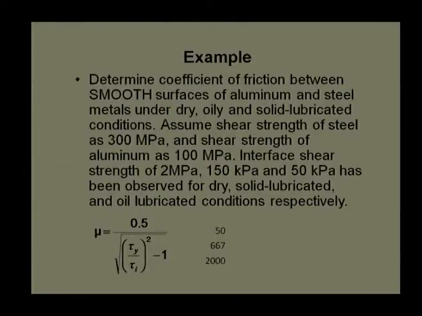Not very much different in this case, while for the oil lubricated case it turns out to be 2000. Using these ratio values, we find the coefficient of friction turns out to be 0.01 for the dry case, 0.0075 for the solid lubricated case, and 0.0025 for the oil lubricated case.